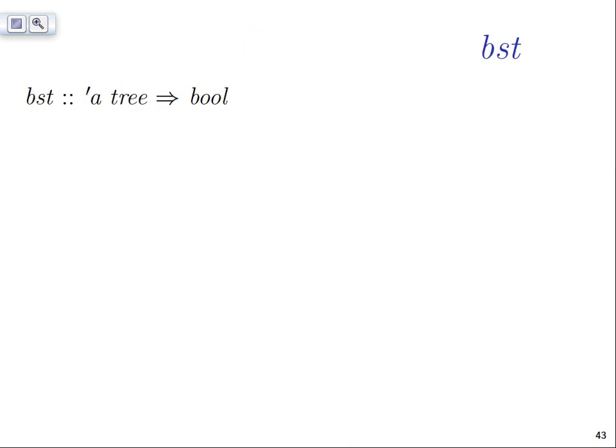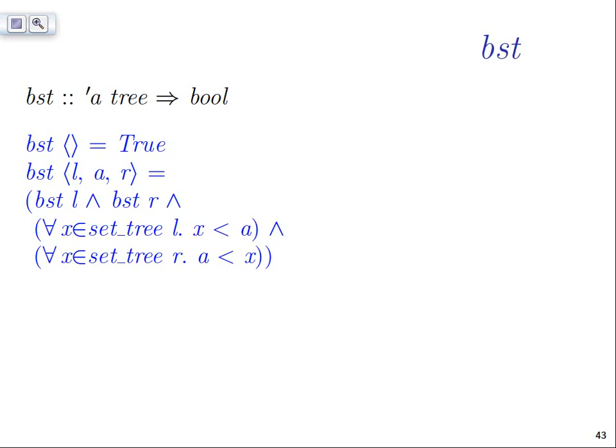And what is a binary search tree? We define it like this. A leaf is a binary search tree, and a node is a binary search tree if both subtrees are binary search trees, and if all the elements in the left part are less than the element in the middle, and all the elements in the right tree are greater than the element in the middle.